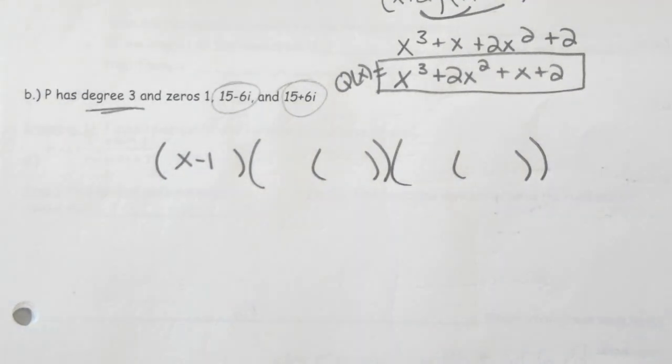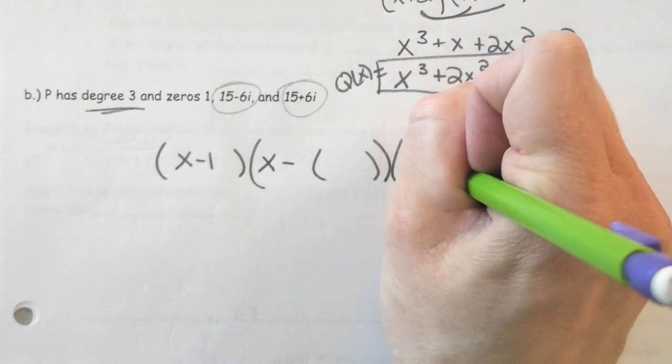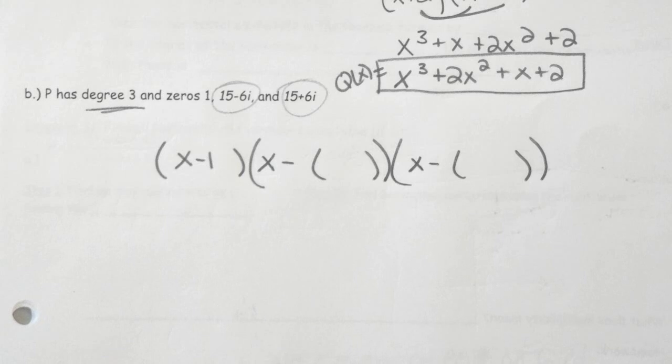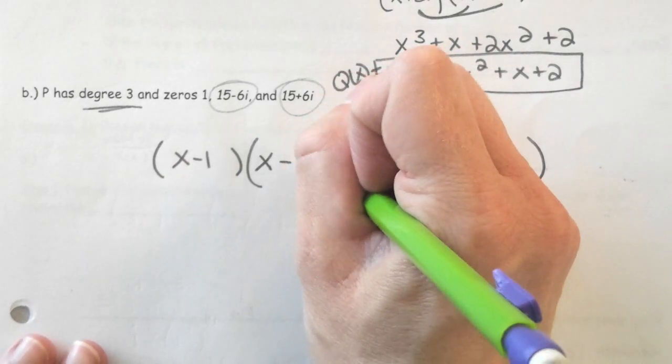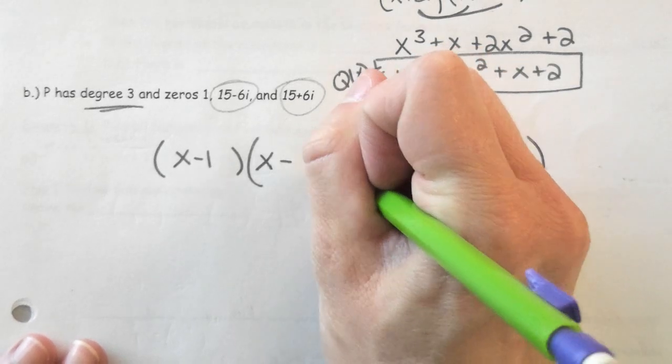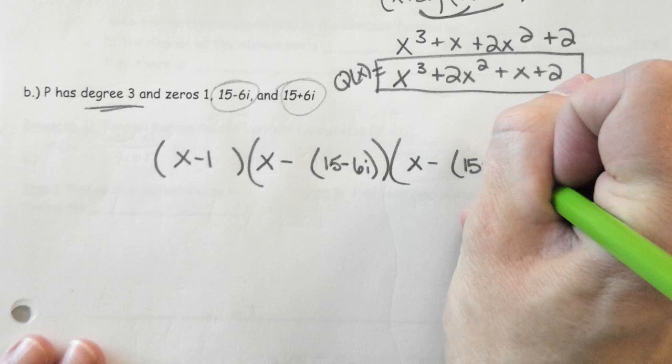You sure can. I just double up with parentheses personally, but you can use whatever. Do you see how we did x minus and then whatever the other term was? We're always doing x minus. So that's what's going to go out front here, x minus, x minus. And then in the parenthesis is going to go your solution. So 15 minus 6i and 15 plus 6i.